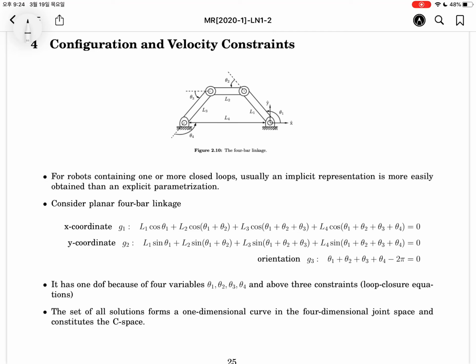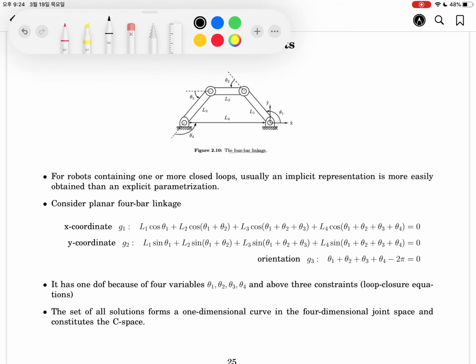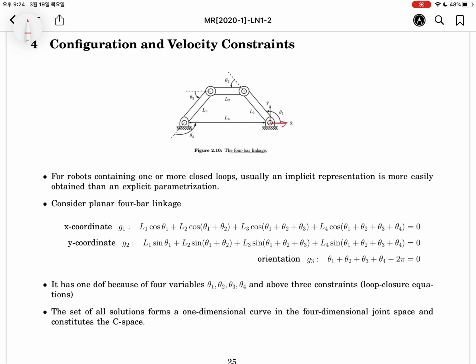Okay, the next topic is about the computation and velocity constraint. Computation constraint and velocity constraint. Let's consider the polygon linkage system. Let's add some coordinates. This is the x. This is the y.